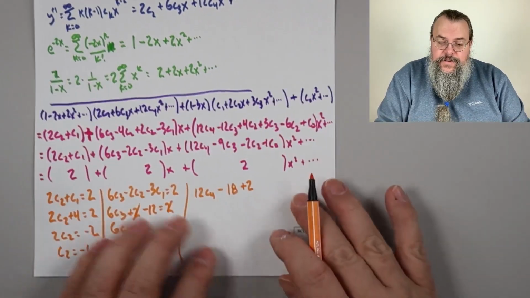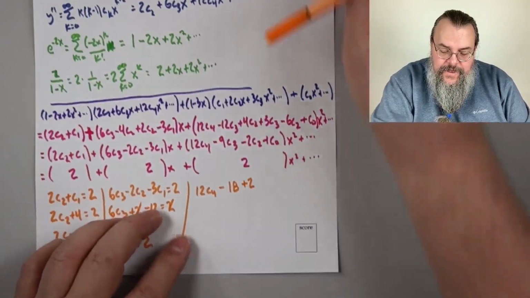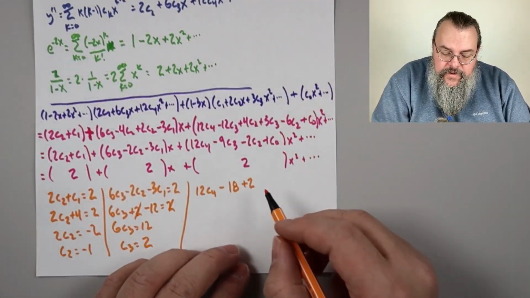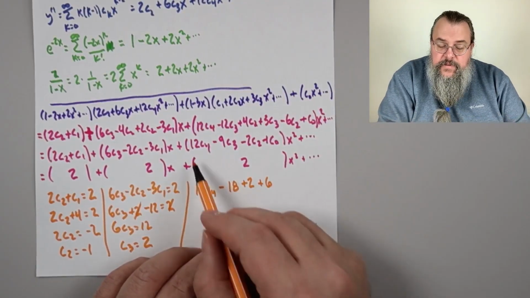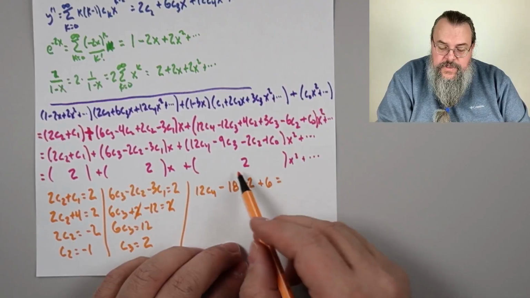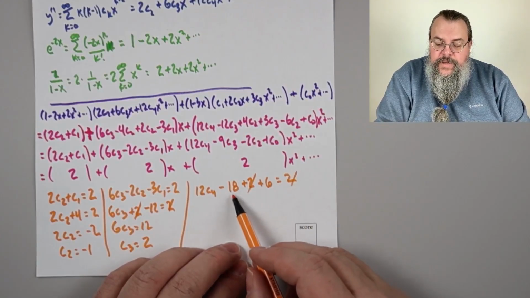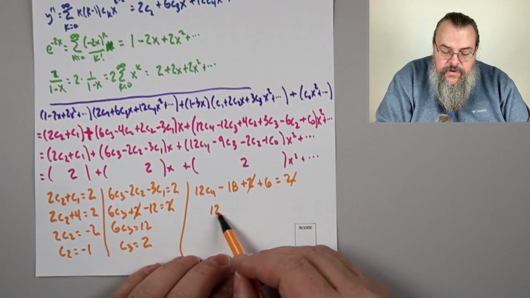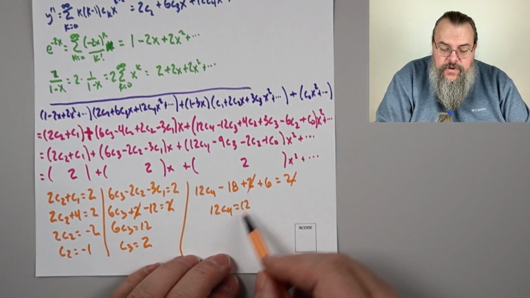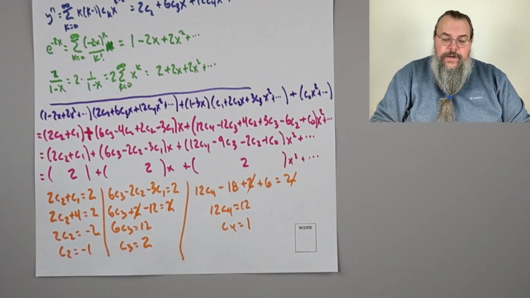Plus c0. c0 is 6. So plus c0 makes a plus 6. And that's here equals 2. Well, again, the 2's cancel. Minus 18 plus 6 is minus 12. Move it across. We get that 12c4 equals 12. So c4 equals 1.